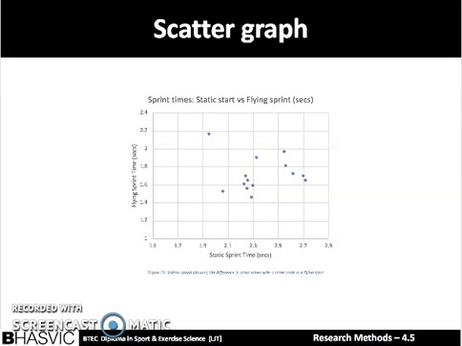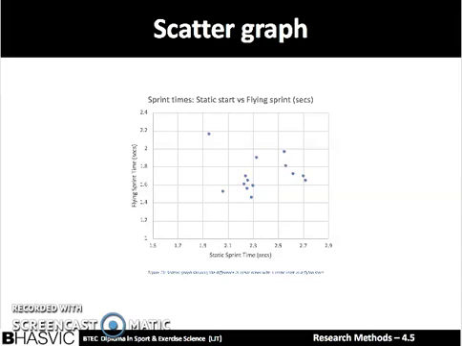So with a scatterplot graph, the points, so the blue dots in this case, are representing people or participants in this case. So each individual dot is representing one person's scores.